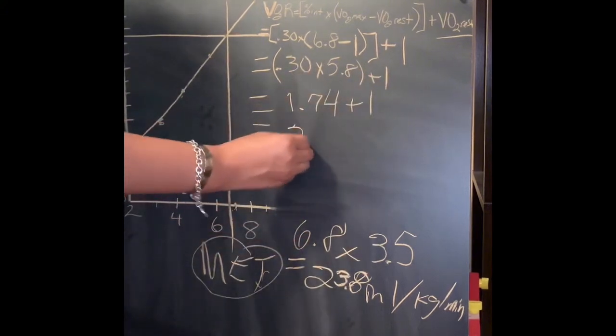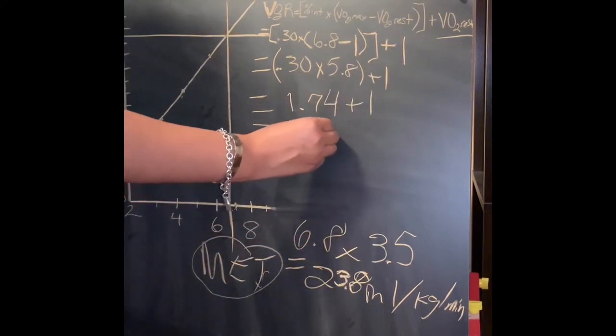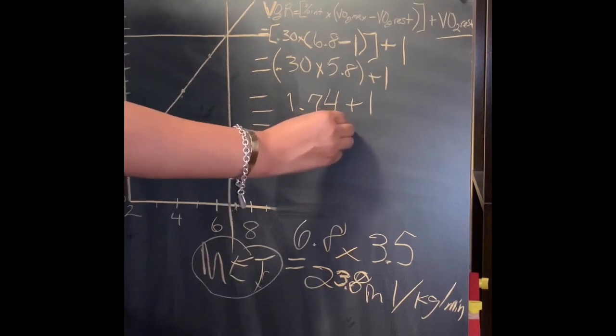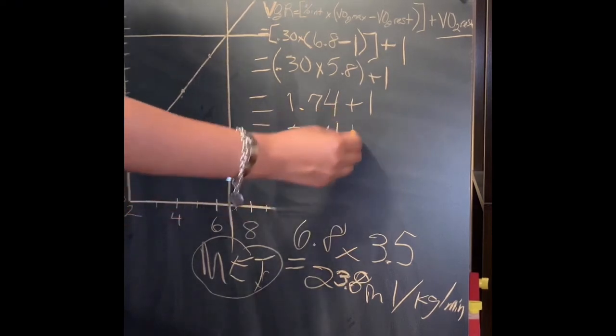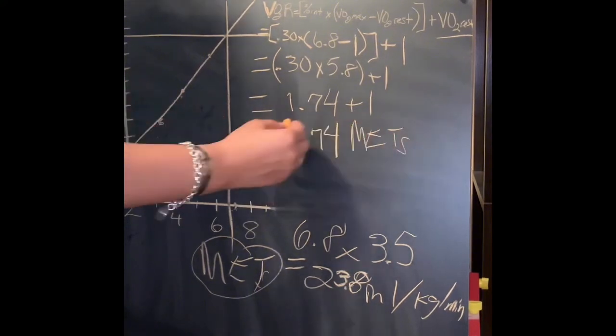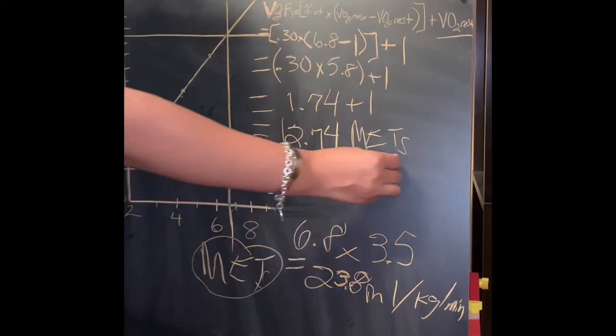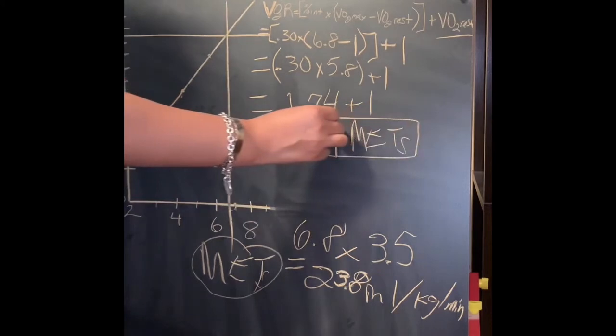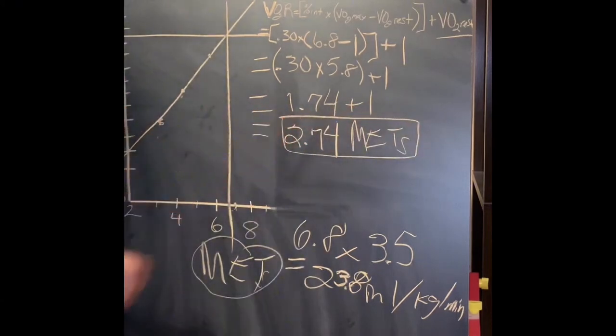That gives us 2.74 METs. So this is the minimum of this range for our MET zone. All right, 2.74 is the minimum.